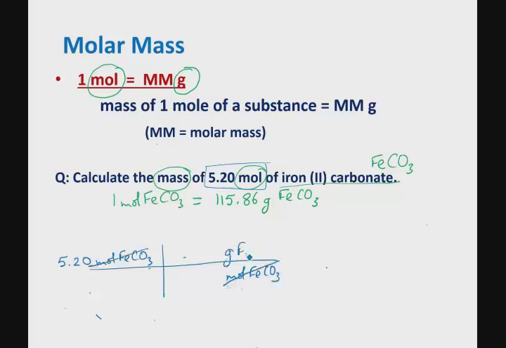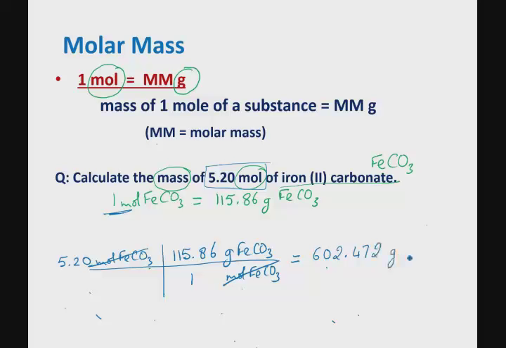Grams of FeCO3 goes on the numerator, so that you're left with it as the final answer, which is what we need. So 1 mole of FeCO3 has a mass of 115.86 grams.